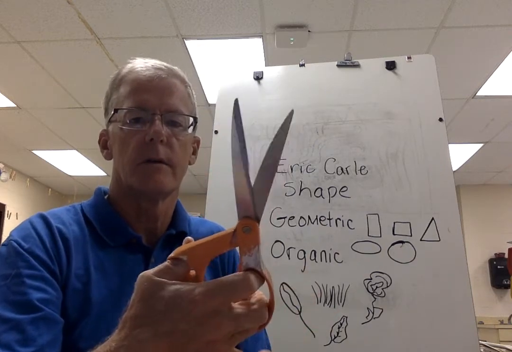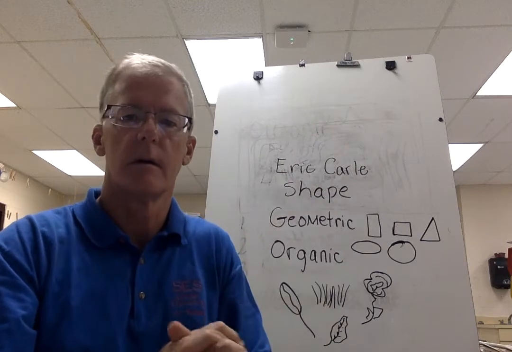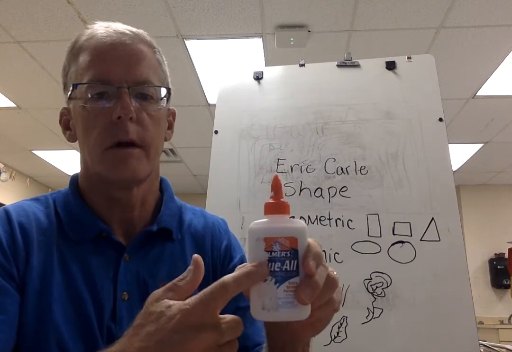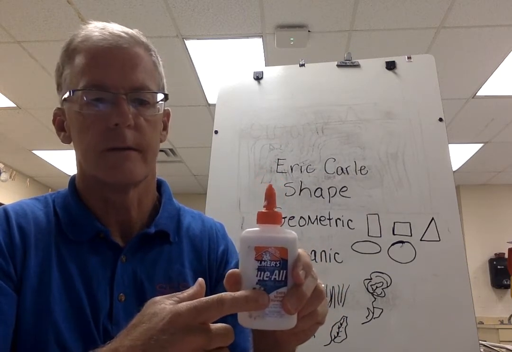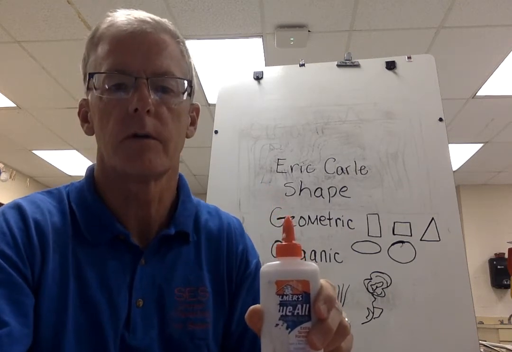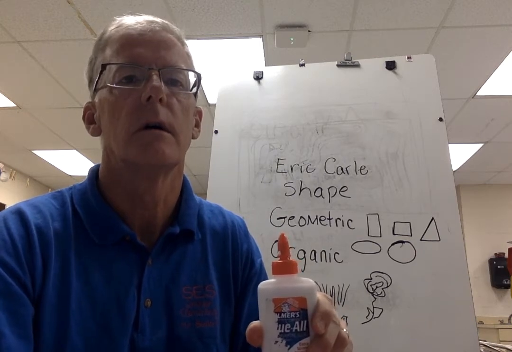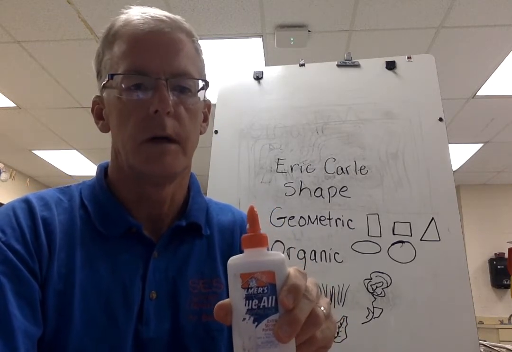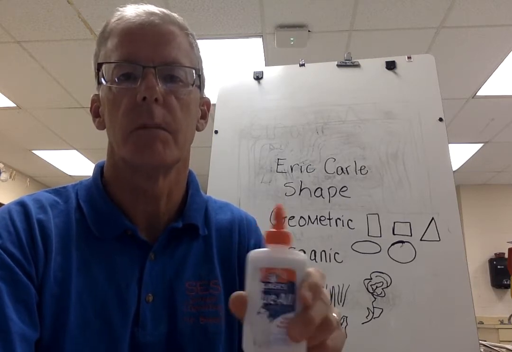If you don't have scissors, you can tear the paper, and then of course a little bit of glue. Now this is Elmer's liquid glue, but if you have a glue stick, that'll work just as well. Okay? Now I'm going to switch over to my little trusty video camera. You won't see me, but you will hear my voice, and you will be able to see what I'm doing with my shapes and my glue.